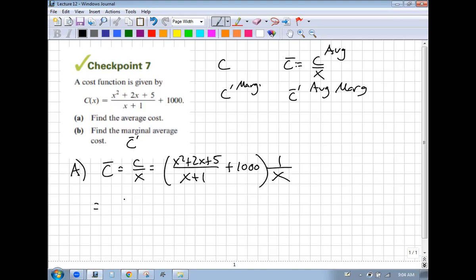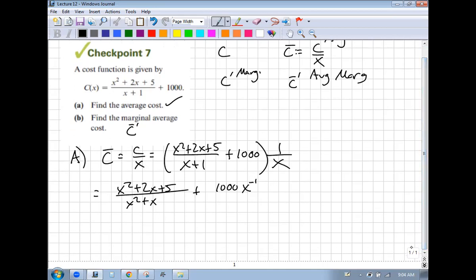So if we divide everything by x, we get what? x squared plus 2x plus 5. We multiply everything here by x, we get x squared plus x. And then 1,000 divided by x. I'm just going to write that as 1,000 x to the minus 1. So that's part A. Boom. Part B, the marginal average cost function.